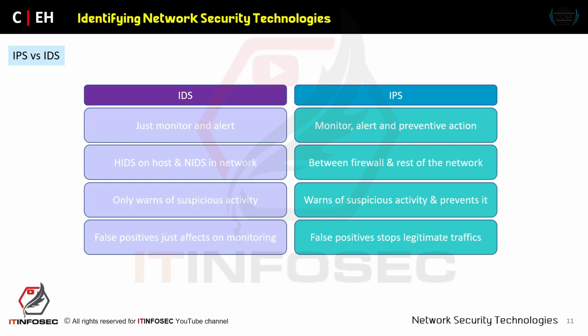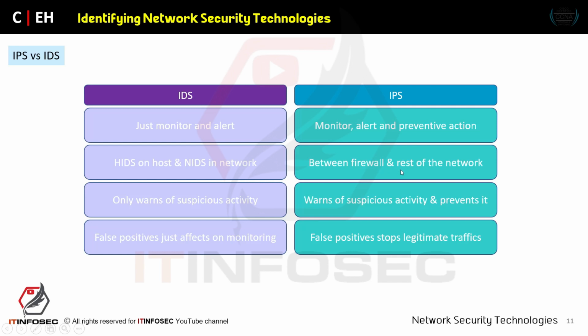Well, when we say HIDS, it means host-based IDS, commonly software installed on a computer that acts like an IDS on the hosts of the network, on the computers on the network. So this compares HIDS on the host and NIDS in the network.